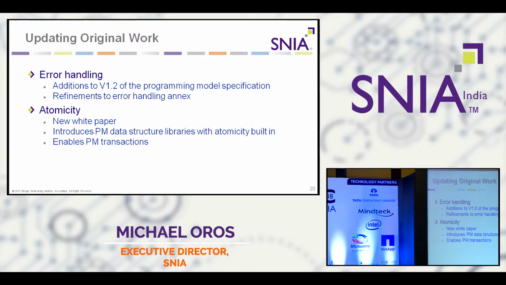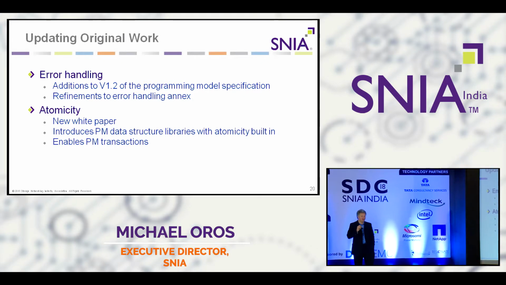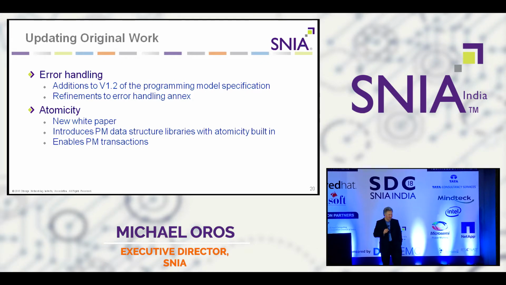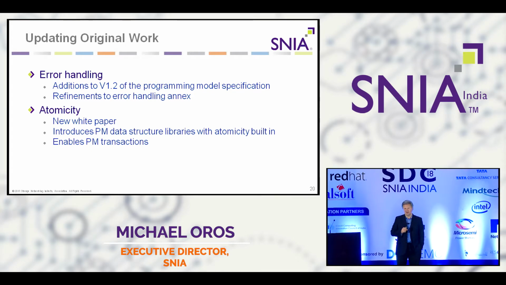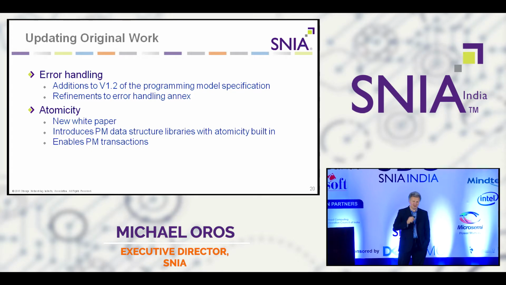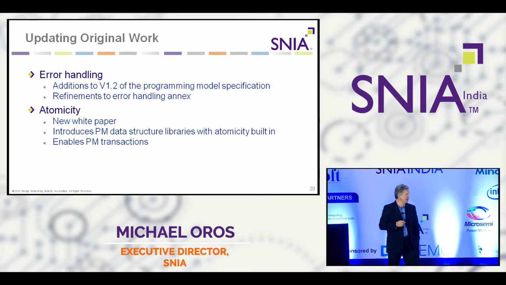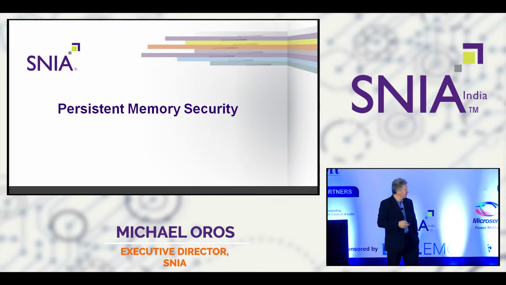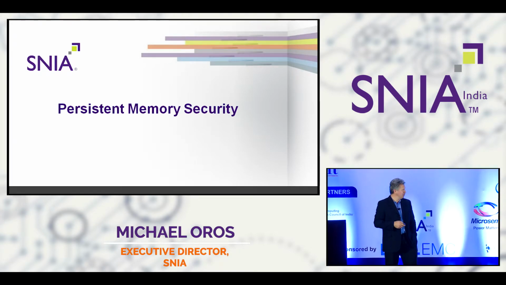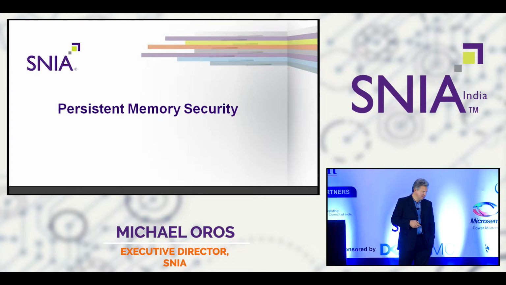So a lot, without spending a half hour just on that particular topic. Encourage you to look into that again if you're one of the vendors that is looking to implement this and it's relevant to your particular implementations and work. Atomicity, again, some white papers that have been published there and some of the PM data structure libraries that already have atomicity built in.